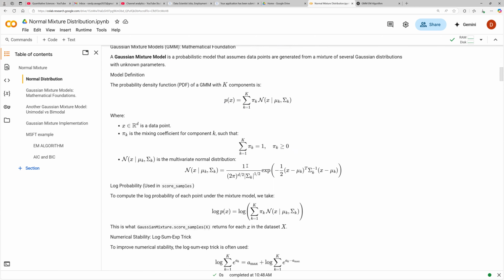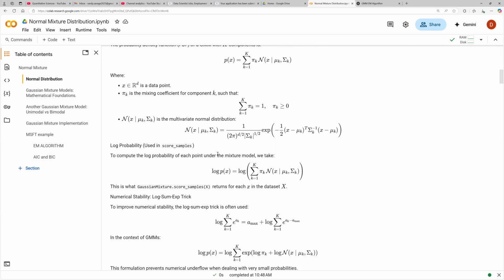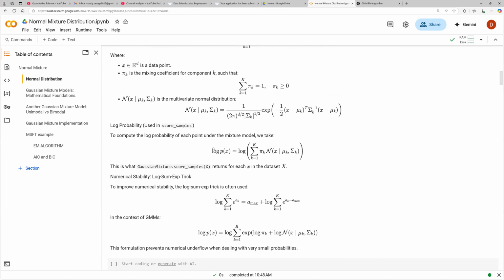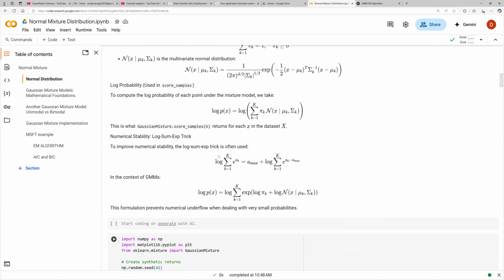We saw this in an earlier YouTube video about the normal distribution, so I'm not going to go deeply into that. We do need to calculate log probabilities, so we have to take the log of this term, and the reason is that we want numerical stability. That's what the mathematics here briefly explains.